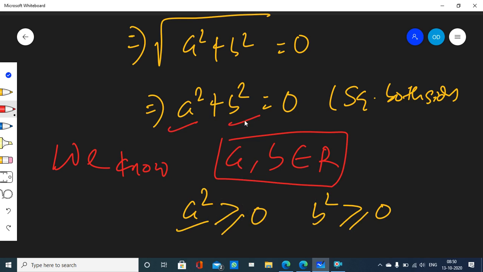If you add two non-negative numbers and get 0 in return, then that means both of them are equal to 0.